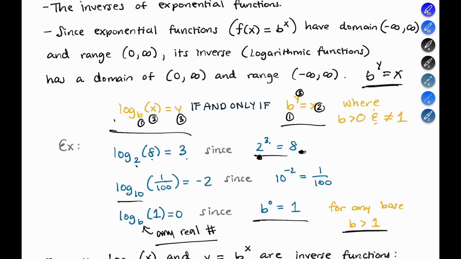With the steps I showed you before, if the logarithmic form has the order of 1, 2, 3, then this will have the order of 1, 3, 2.